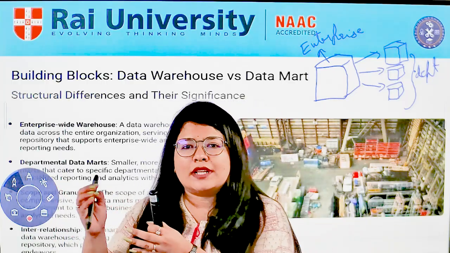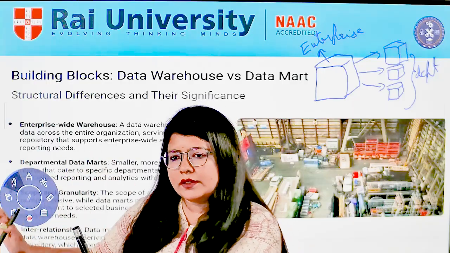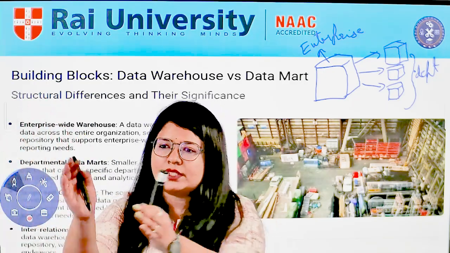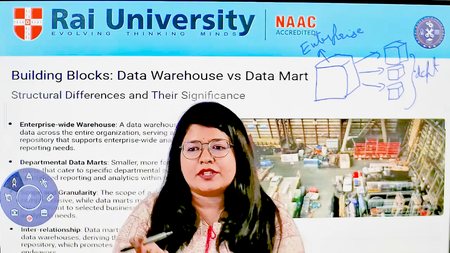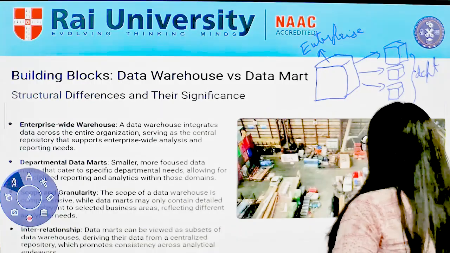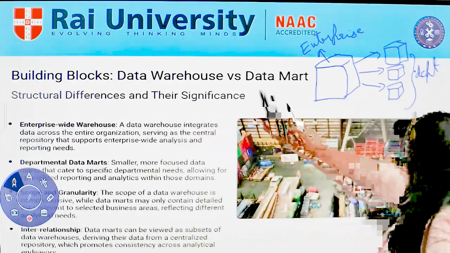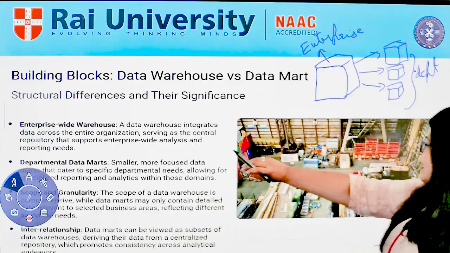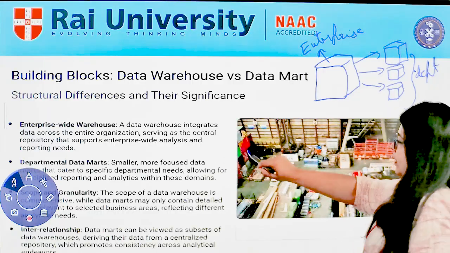Household goods like kitchenware and utensils are in another, and home decor will be another section. So the data warehouse integrates data across the entire organization, serving as the central repository that supports enterprise-wide analysis and reporting needs.